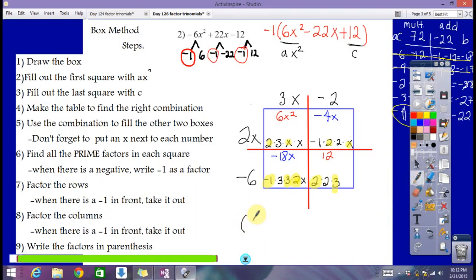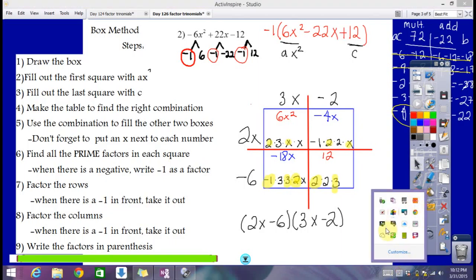So the factors in parentheses are 2x minus 6 and 3x minus 2. And there we go. So let's stop this because we're running out of time, we have 10 minutes.